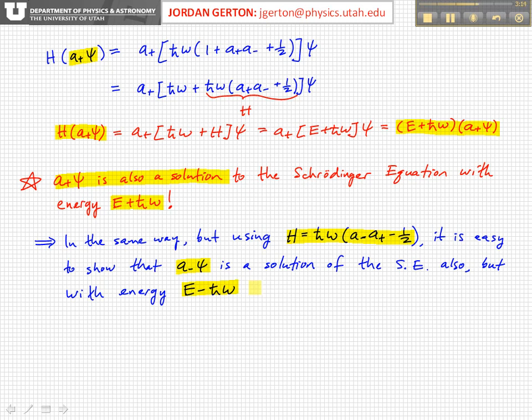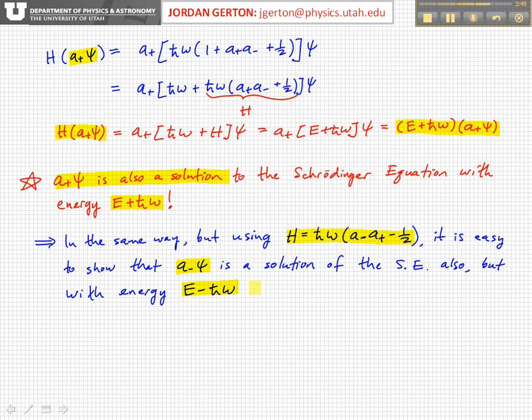Okay, and so these operators, the raising and lowering operators, allow us to go from one solution of the Schrodinger equation to the next, up or down, in energy. A plus to go up in energy, a minus to go down in energy. And so if we can find one standing wave solution, one stationary solution to the Schrodinger equation, then we can find all the others by successive application of either a plus or a minus.